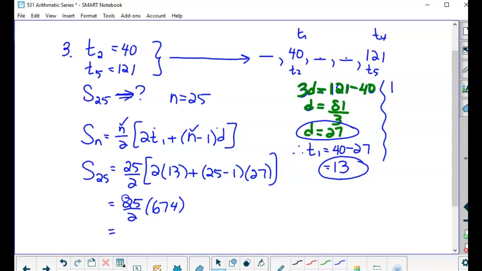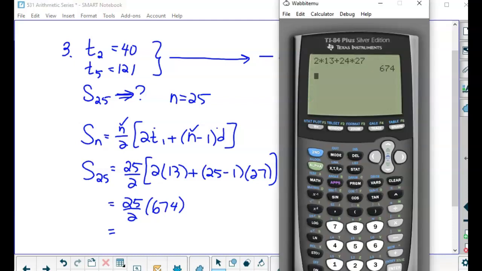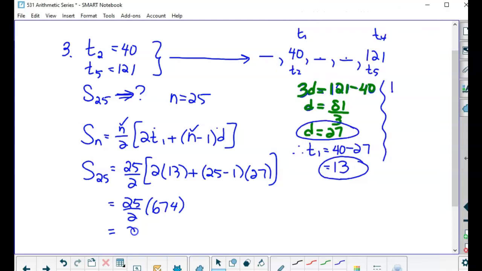Hold on one sec. Just wait outside, okay? And then we'll multiply this. So that times 25 divided by 2. So 8,425. Okay, and that's it.